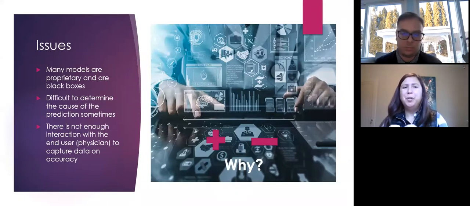This is not like a research paper, and you have some people now publishing their work on machine learning model design. But generally speaking, if they're used out in industry, these are considered proprietary. And at times it's really difficult to determine why some people were predicted when it makes no sense.